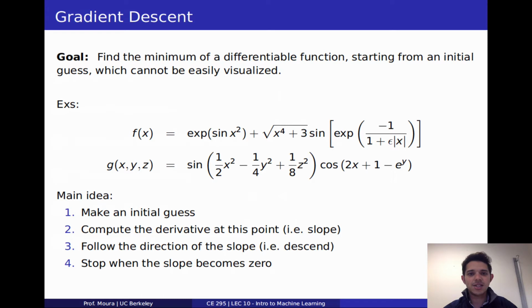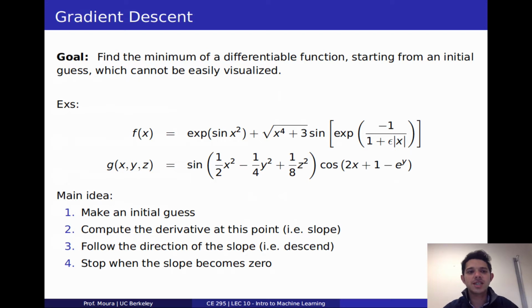Step 1 is you make an initial guess for your minimizer. Step 2 is you compute the derivative, or the gradient, at this point. In other words, what is the slope of the objective function at the initial guess? Then you're going to move your guess in the direction of the slope, specifically in the opposite direction of the gradient.